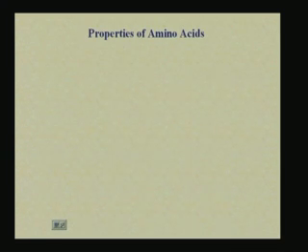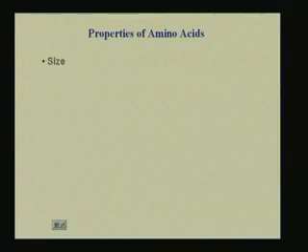Okay. Now, we have to consider specific properties of amino acids. What are these properties? One thing that we have looked at is the size and the shape. What do I mean by size? Size means molecular mass. The smallest one is glycine. It just has that hydrogen atom in there.